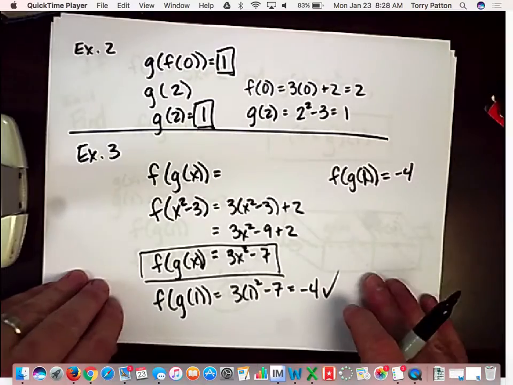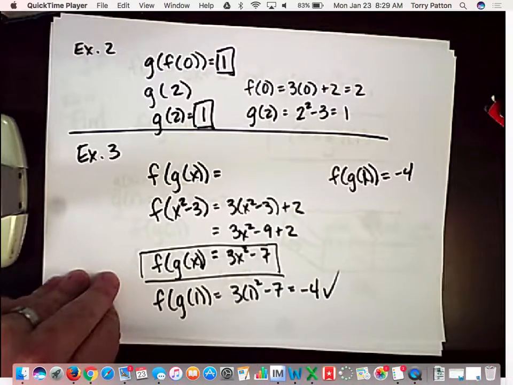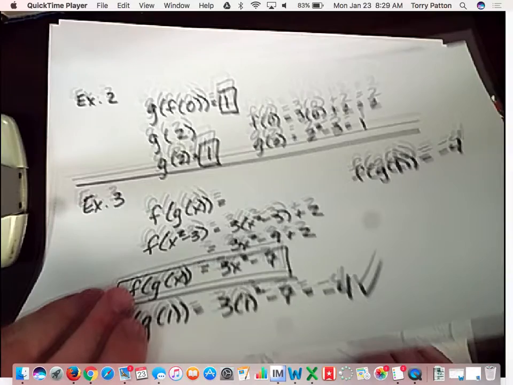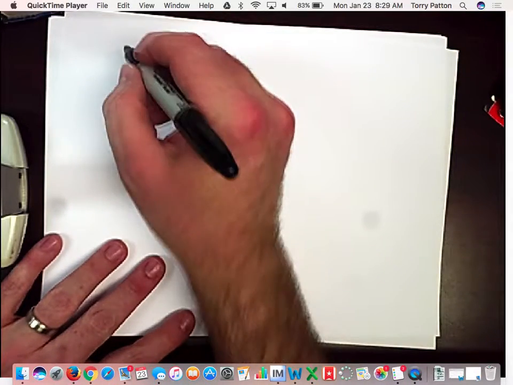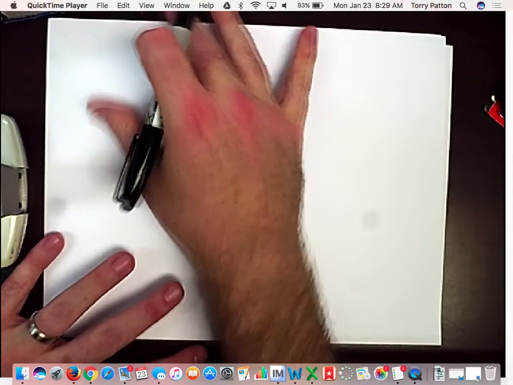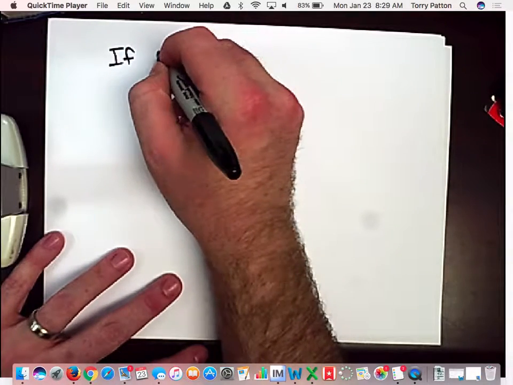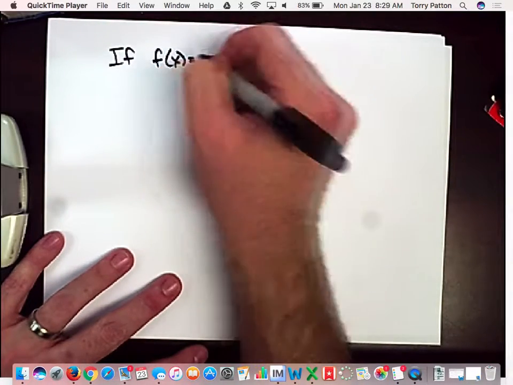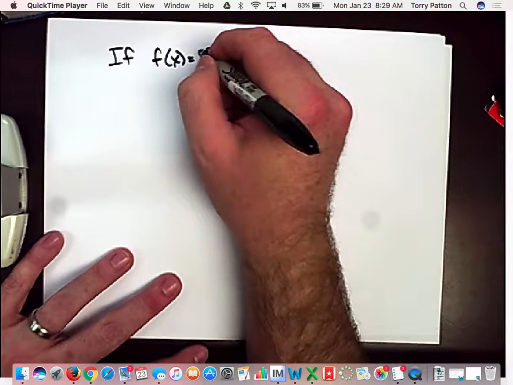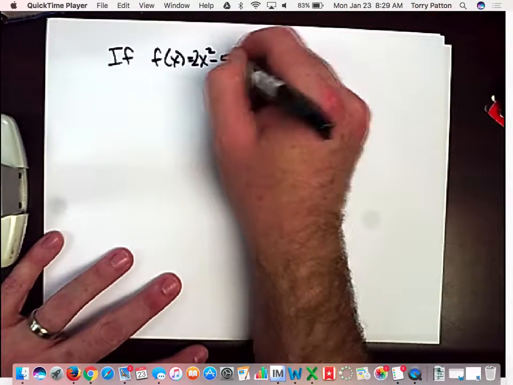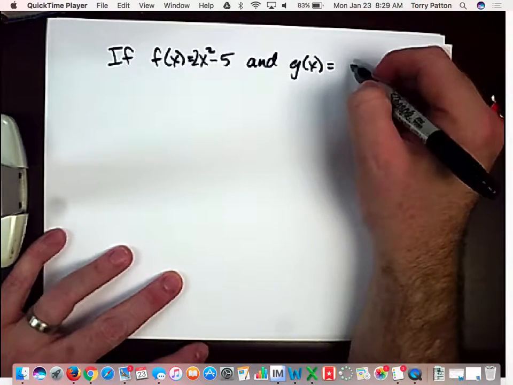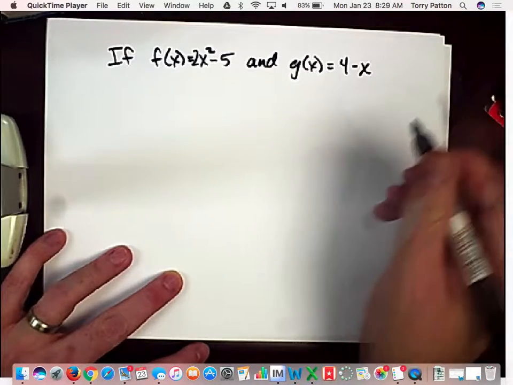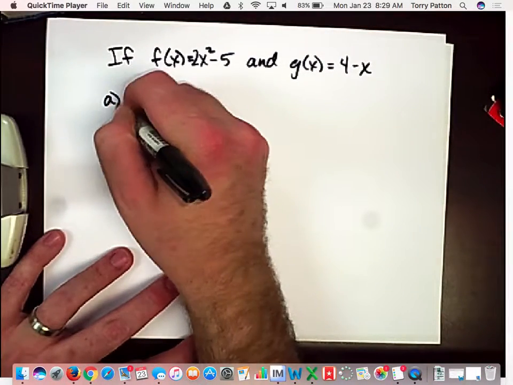Let's do another one to make sure everybody's on board. Okay, so let's say I gave you, if f of x is 2x squared minus 5, and g of x is 4 minus x, I want you to find 3 things.